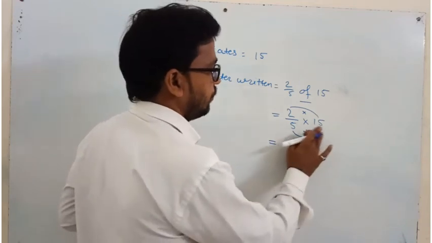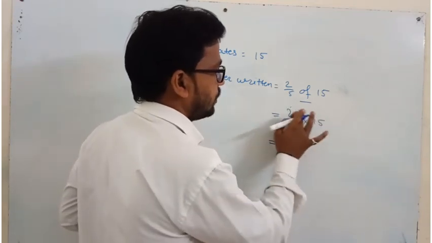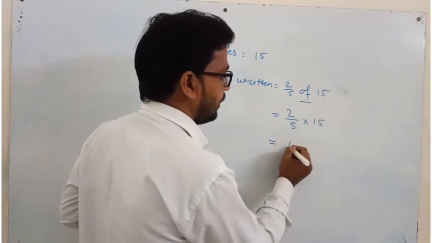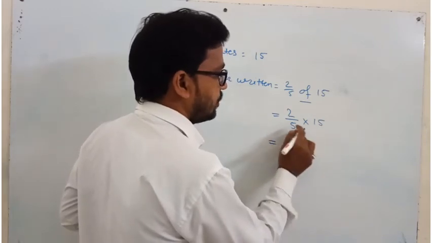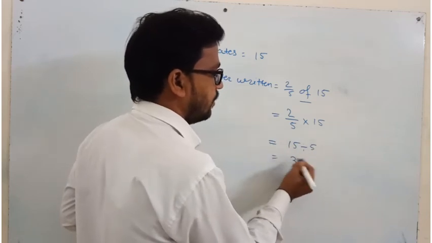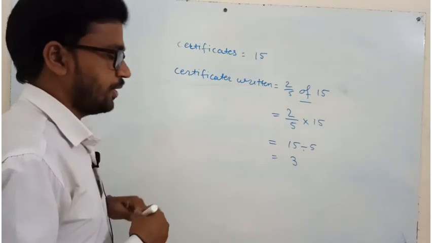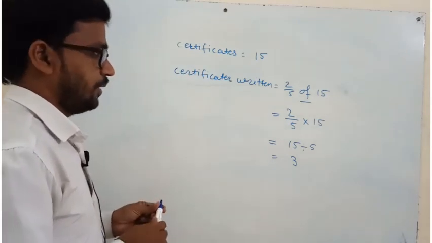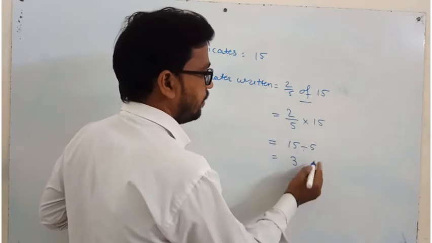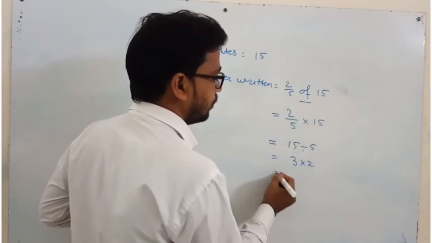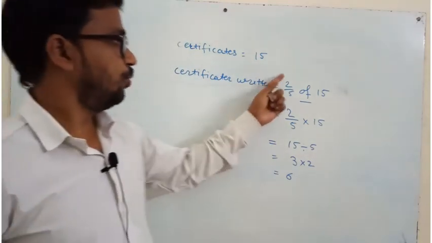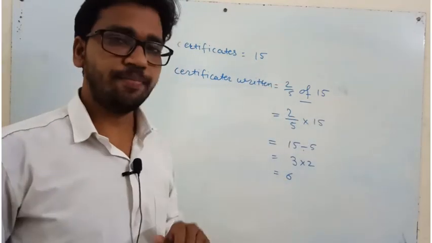So we do the divide first. First divide this 15 by which number? By this number, 5. We get 5 3s are 15. And now multiply this 3 by 2. So we get the answer 6. This 2/5 of 15 is 6.